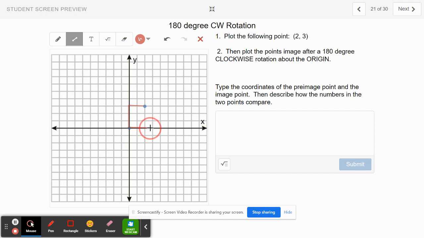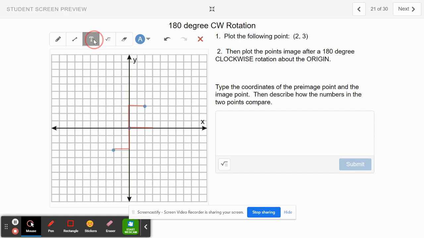If I did it 90 degrees, it would go there, but I'm doing 180, so it's going to go there. If I rotate this line like a pinwheel, it'll bring this line that's 2 units long to be shooting out like this, 2 units long. And let's put in our dot right there.